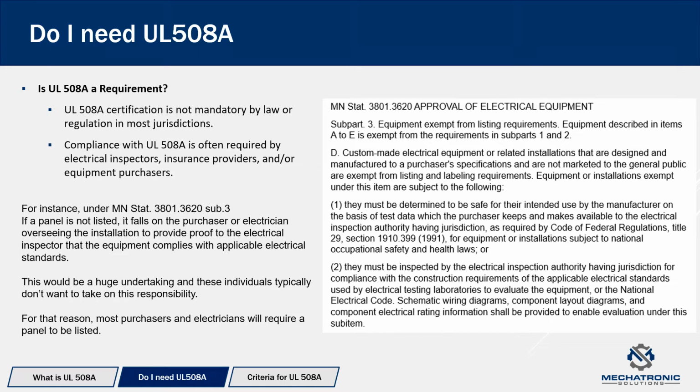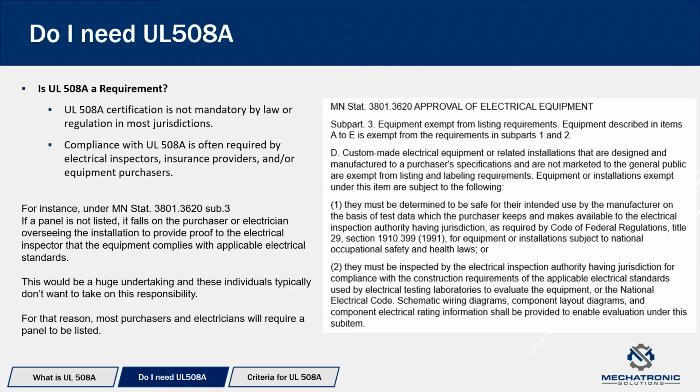It really in a nutshell says if the panel is not listed, it falls on the purchaser or the electrician overseeing the installation to provide proof to the electrical inspector that the equipment complies with applicable electrical standards. When I say it falls on the purchaser or electrician, that's usually always pushed back on the OEM or the manufacturer of the panel. So really it's going to fall on that panel supplier.